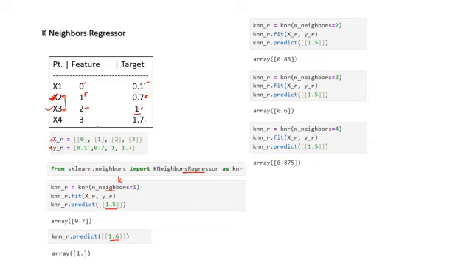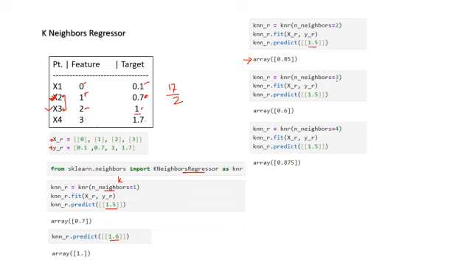Here, 1 plus 0.7 divided by 2, that is 1.7 divided by 2, which is 0.85, and you get this value of 0.85 as the prediction.